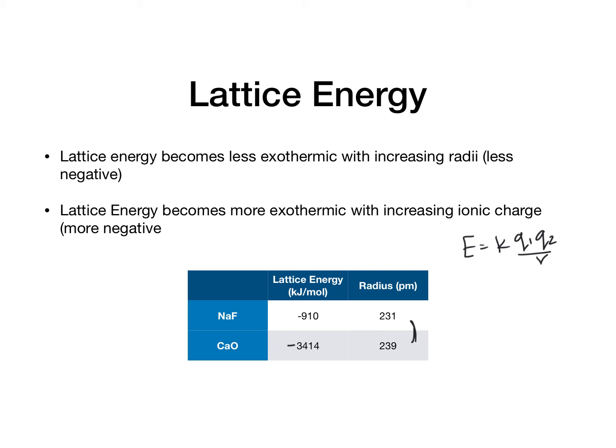But the lattice energy, which should have a negative sign, goes from negative 910 to negative 3,414. So it is a substantially higher lattice energy, and that is due to the increasing charge. The fact that the charges go from +1 and -1 to +2 and -2 makes a big difference in the lattice energy. So lattice energy is the stabilization of the charges in a 3D solid.